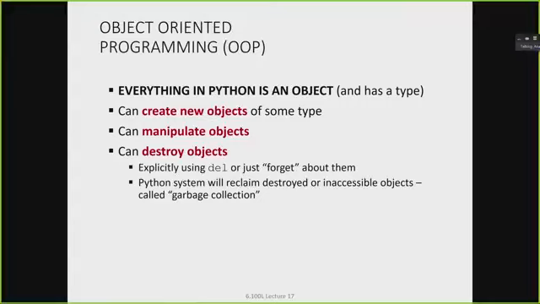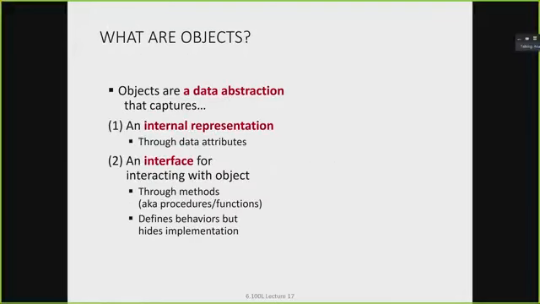All right, so the idea of object-oriented programming is basically that everything in Python is an object, and this we've talked about when we were introducing functions. We treated functions like objects. And what that means is that we can create new objects that have some type. So we actually create these very specific objects that we can manipulate. And we can also destroy the objects, right? So you can create them, manipulate them, and destroy them as you will. But each one of these objects has a specific type.